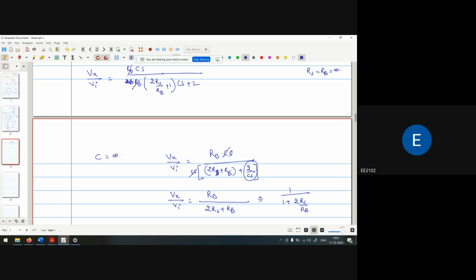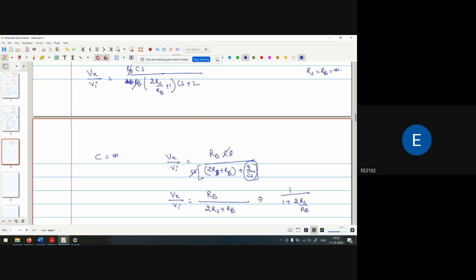This is the voltage that we are getting at the input side of the operational amplifier, Vx, when we apply Vi, if the capacitor is infinite. But as we already know, it is not possible that the capacitor should be infinite.